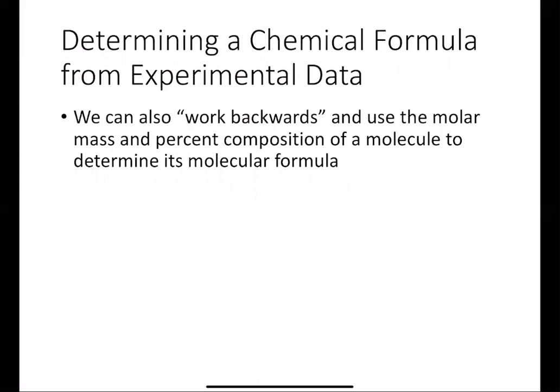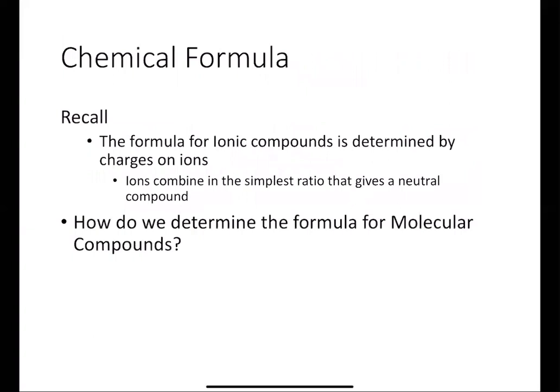So we can determine its molecular formula. But before we can determine a molecular formula, we have to first determine an empirical formula. Now, ionic compounds are always determined by the charges on the ions, so we don't have to worry about those. We would know if we had an ionic compound what the ratio would be because of the charges.